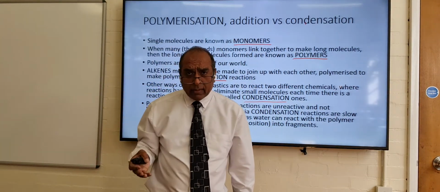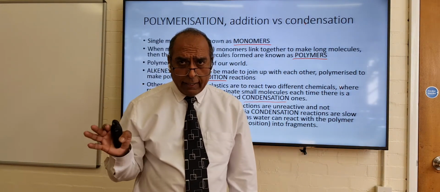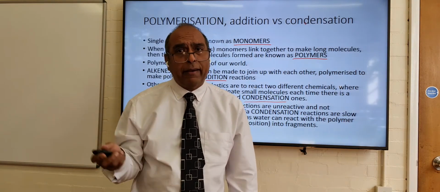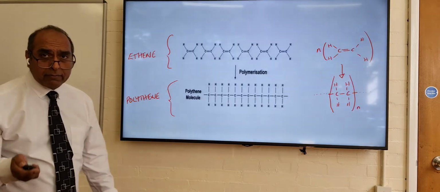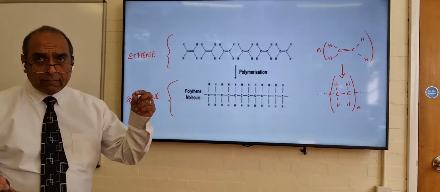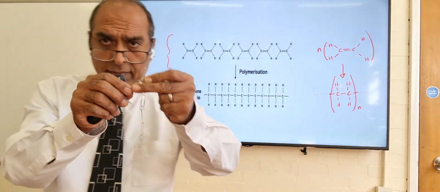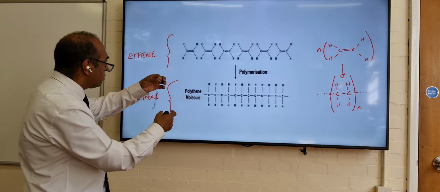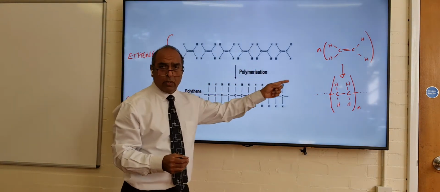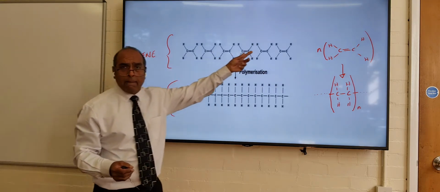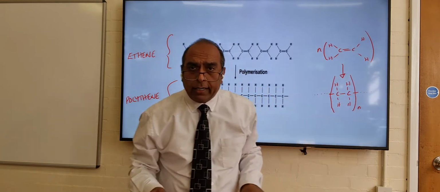Those little things that are set up don't seem to be getting hot. Normally when they're getting hot, then I know the polymerization reaction is working, but let's move on and we'll come back to them. Now, in this kind of idea of addition reactions, I want you to think of individual molecules, like ethene molecules, many ethene molecules. We can show as n, and in brackets we've got ethene.